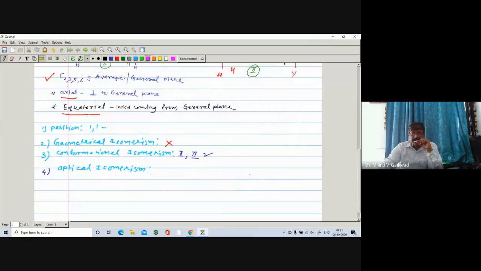So in this case, if X and Y are the same, then it does not show isomerism. But if X and Y are not the same, then it shows isomerism. Why doesn't it show isomerism? Because it contains a plane of symmetry.